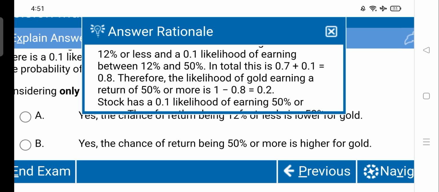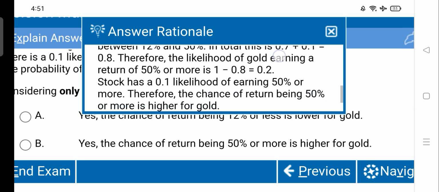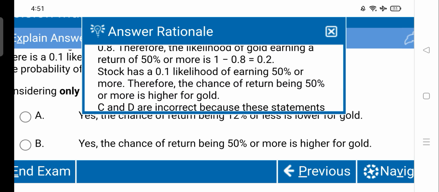Therefore, the likelihood of gold earning a return of 50% or more is 1 minus 0.8, which equals 0.2. So stock has a 0.1 likelihood of earning 50% or more. Therefore, the chance of return being 50% or more is higher for gold.